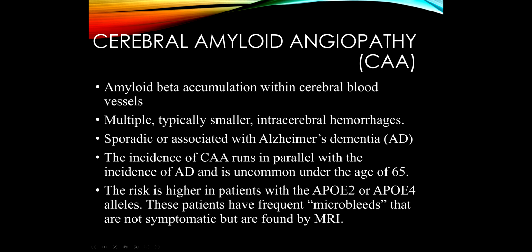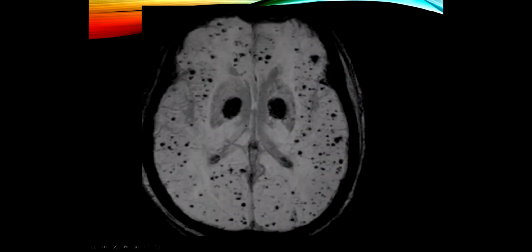Interestingly, we've got the ApoE4 allele, but the ApoE2 allele, remember I said, is associated with vascular abnormalities, and that would include cerebral amyloid angiopathy. So the patients have lots of small bleeds. Most of these are not symptomatic, but then finally they'll have one that is symptomatic.